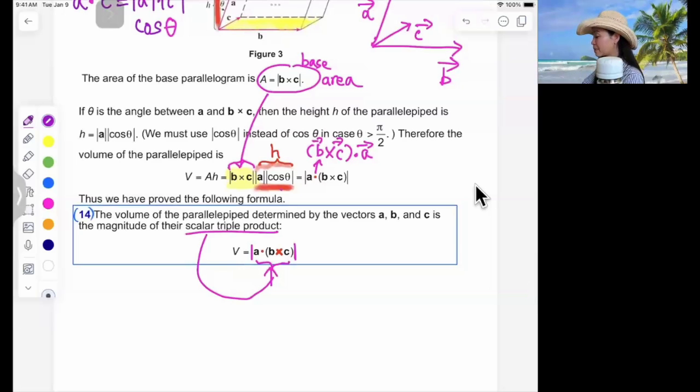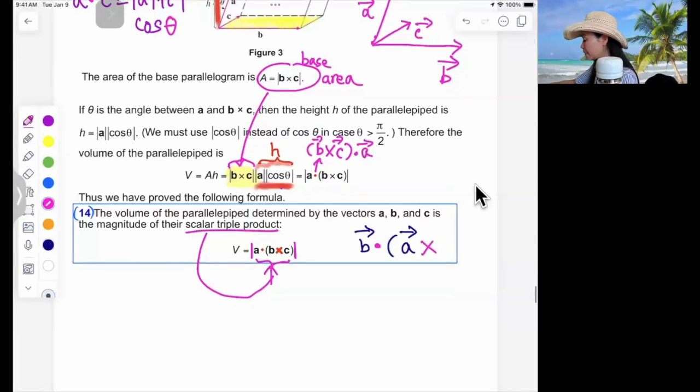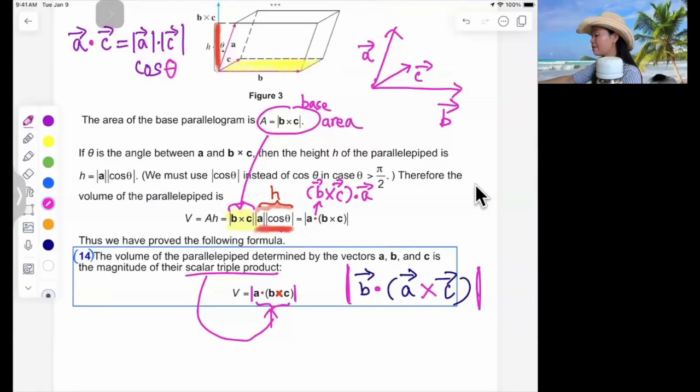Now, I'm going to ask you. If I put this value as equal to B dotted with A cross C, would that be the same? I mean, the magnitude of this? Does it equal this also? The value of this, does it equal to this?